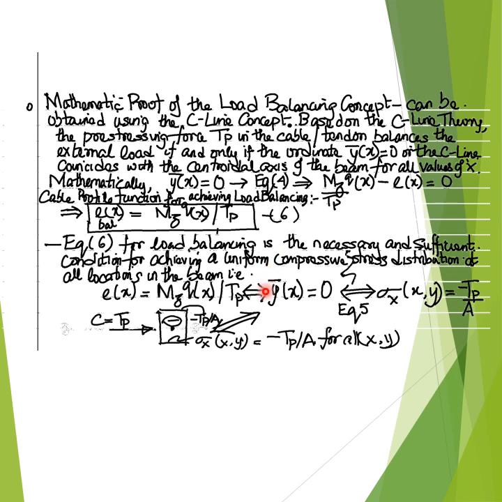Further, substituting the necessary and sufficient mathematical condition, that is y over bar x equal to 0, into equation number 5, also presented in the previous slide as equation number 4, results in the relationship for the normal stress at any general location or coordinates x and y in the pre-stressed concrete beam in which the load is balanced.